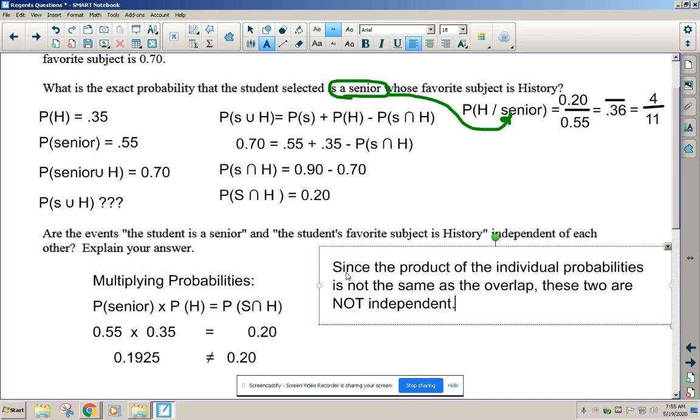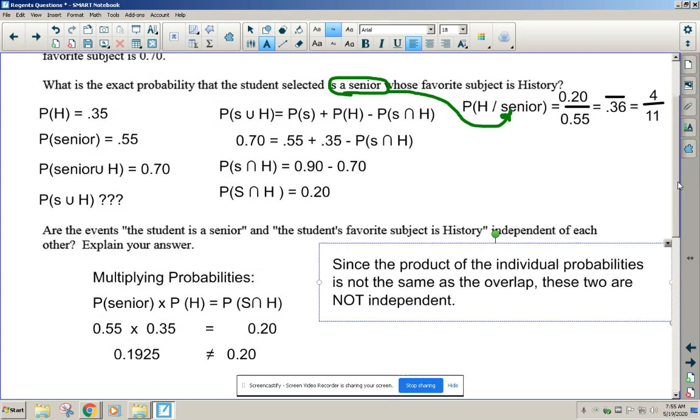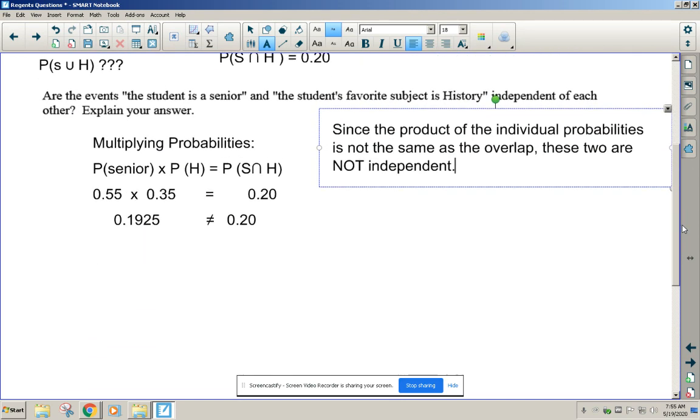You could call them dependent, you could say therefore they're dependent, but right now they are not independent, and that is mathematically what you can prove. Now again, this is multiplying probabilities.